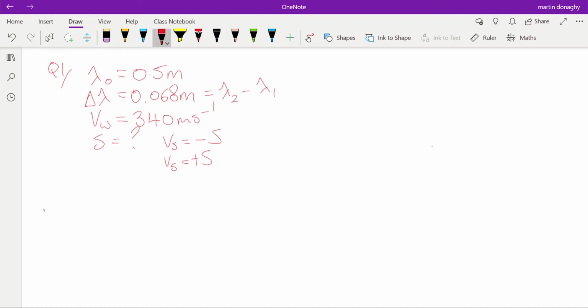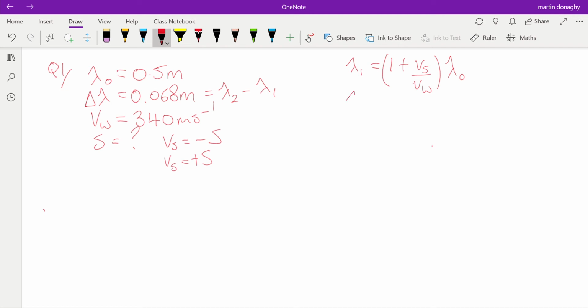Okay, and then we just start off with our equation for wavelength, which is lambda is equal to 1 plus the velocity of the source divided by the velocity of the wave, times the emitted wavelength. Now we're going to do this twice, so let's do it for the first case where it's moving towards the observer.